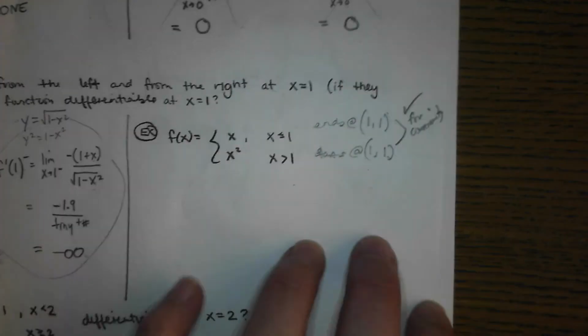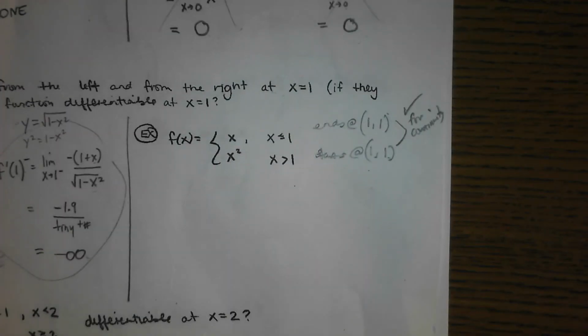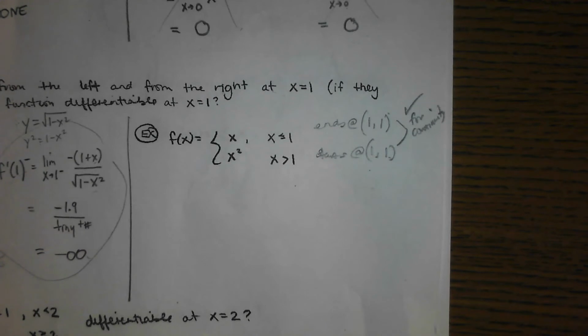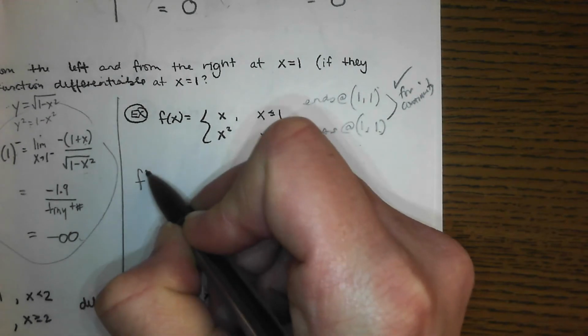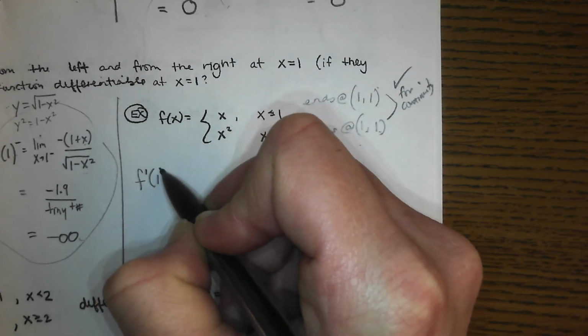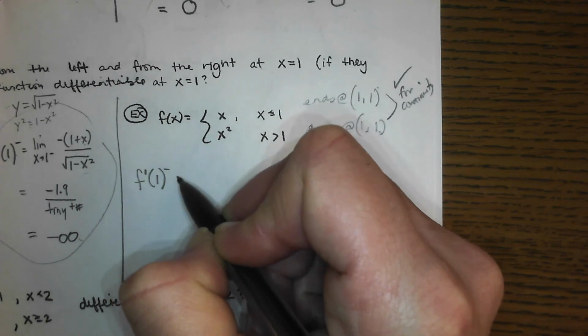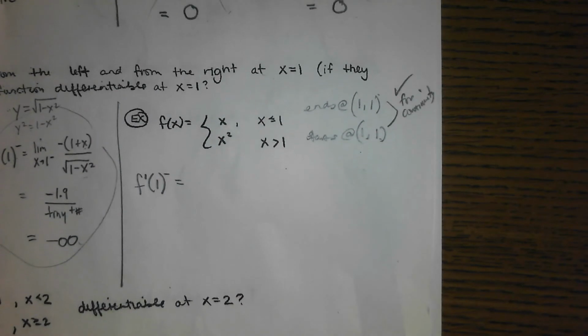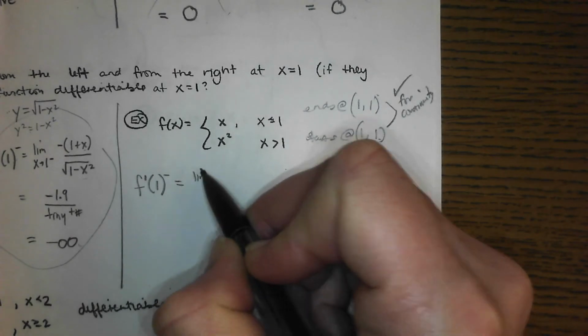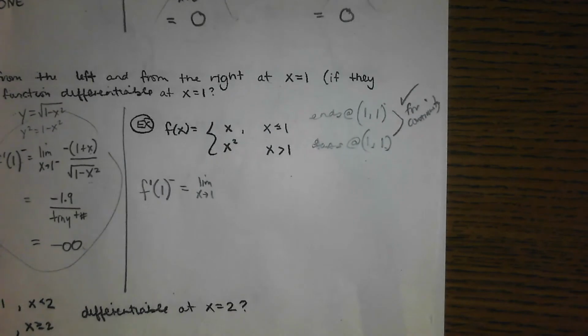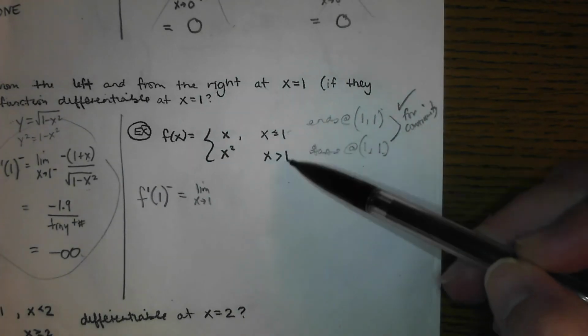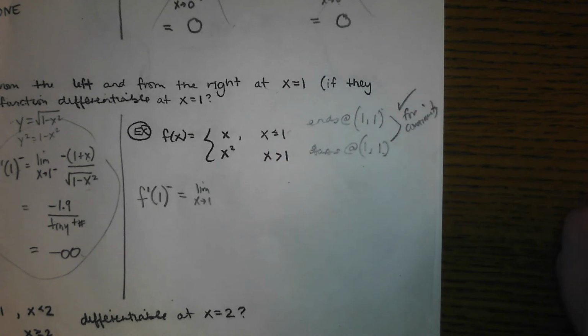So now it's actually worth our time to look at what is the slope of this function as we approach 1 from the left, and what is the slope as we approach 1 from the right. So f prime of 1 coming from the left. I'll use the alternate form of the derivative, which is the limit as x approaches 1. Which piece are we using if we're approaching 1 from the left? First or second?